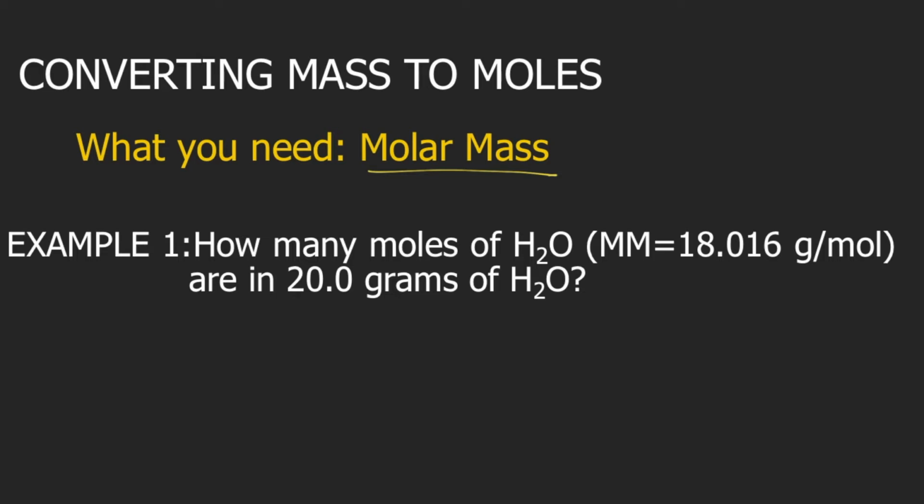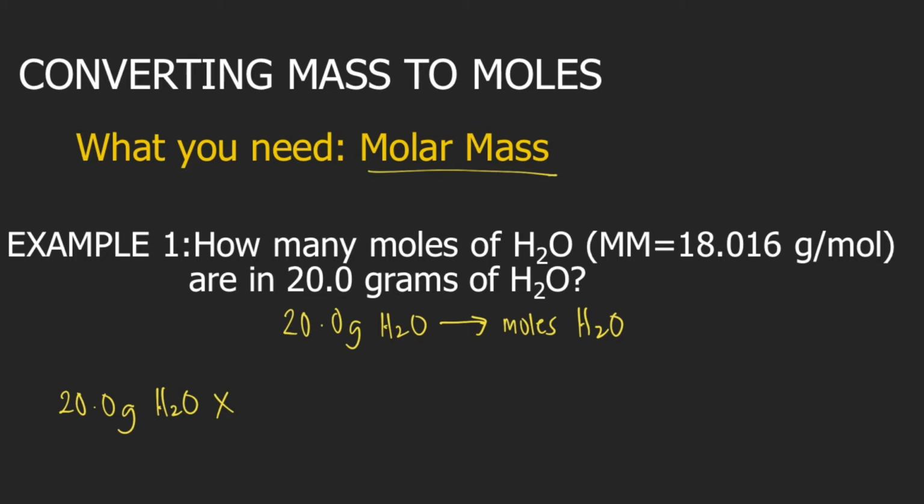So example number 1, how many moles of water, or H2O, are in 20 grams of water? So basically, this example is asking us to convert 20 grams of water to moles of water. So we are given 20.0 grams of water. Again, what you need to convert mass to moles is the molar mass.